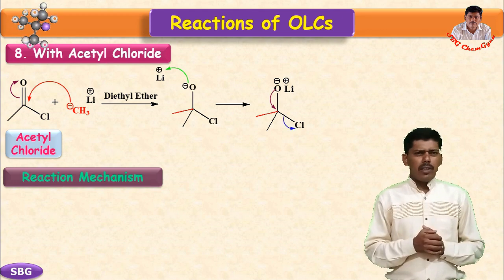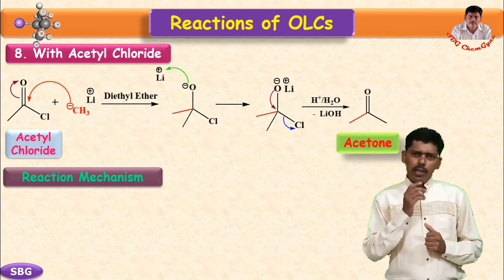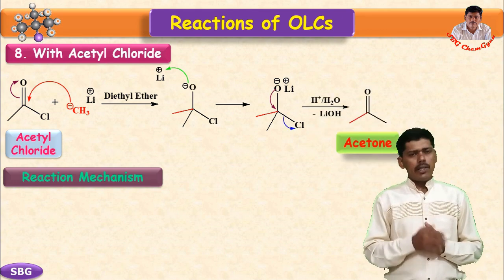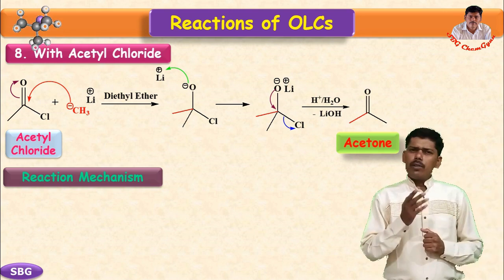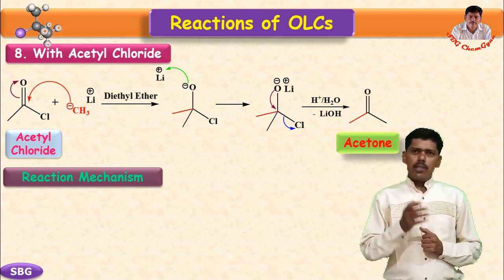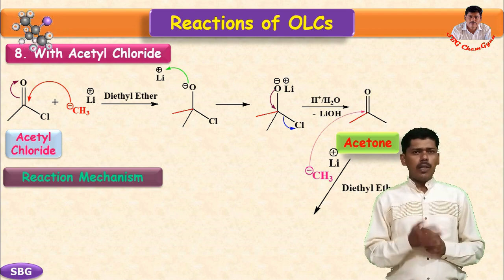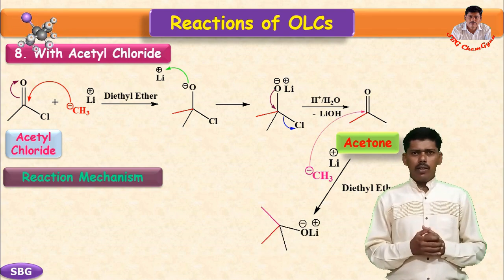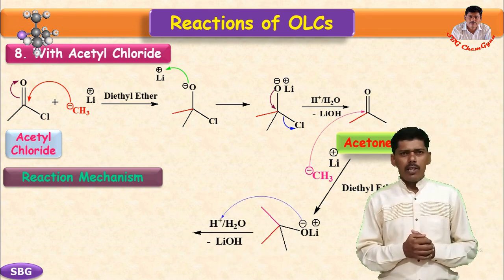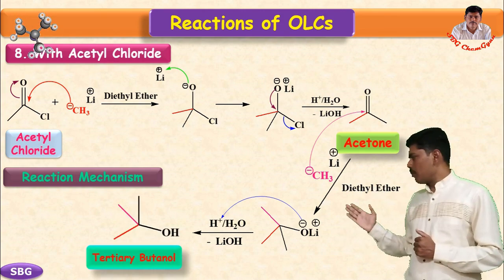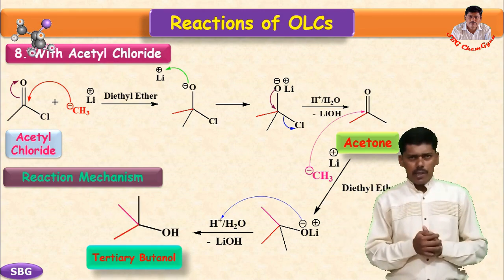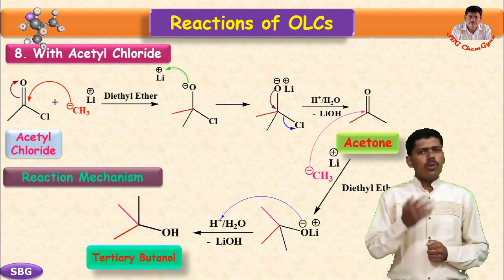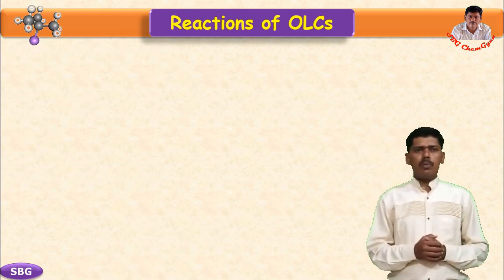On acid hydrolysis with loss of lithium hydroxide, formation of acetone takes place. We can also continue this reaction of acetone with methyl lithium in diethyl ether followed by acid hydrolysis, which gives tertiary butanol, we can see here. In this total reaction mechanism, we use 2 molecules of organolithium reagents.